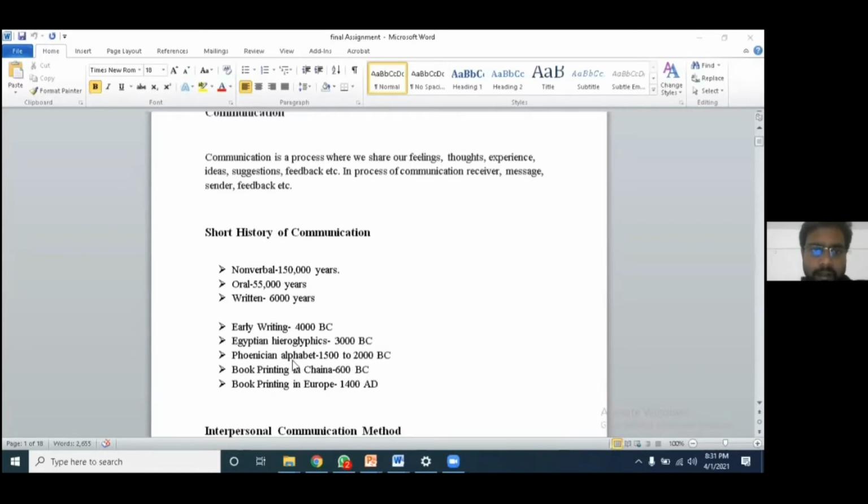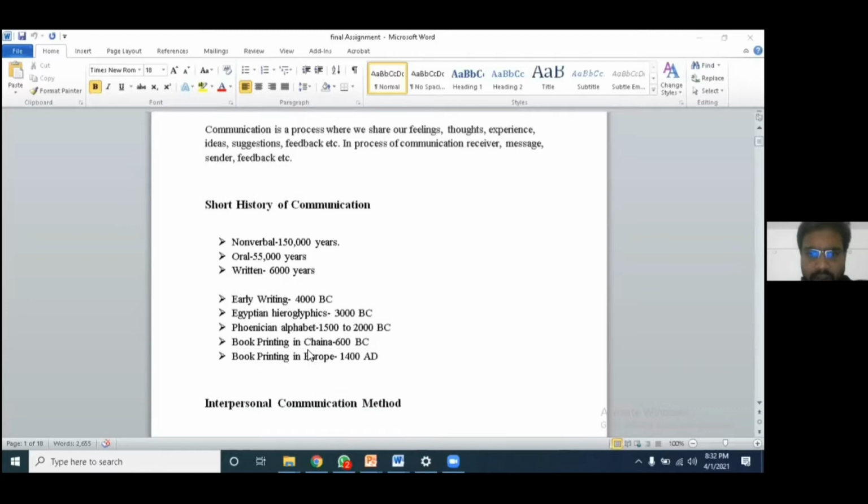The early writing is 4000 BC, Egyptian hieroglyphics 3000 BC. You can find the statistics in Google or any other sources, so I just compiled it for your comfort.